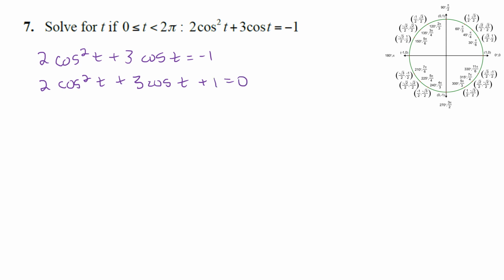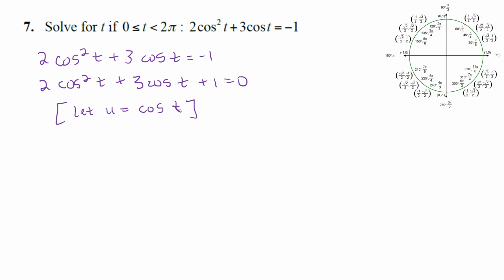Okay. Now, when you have a lot of trig functions like this problem where you have cosine squared and cosine, it can look a little bit confusing when trying to factor this equation. So to help us out, we're going to let u equal cosine t.